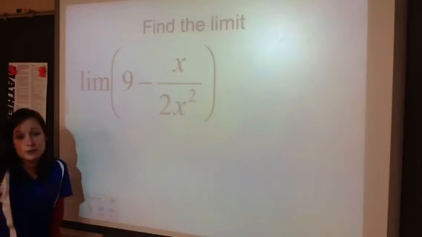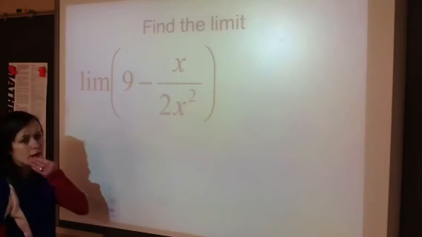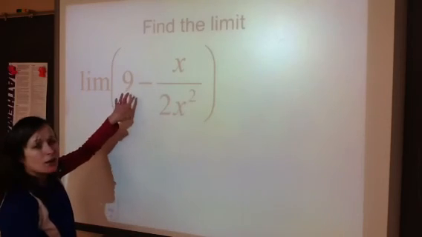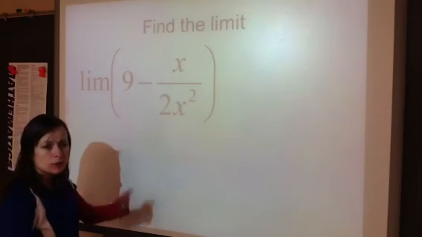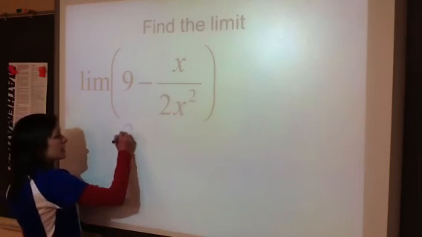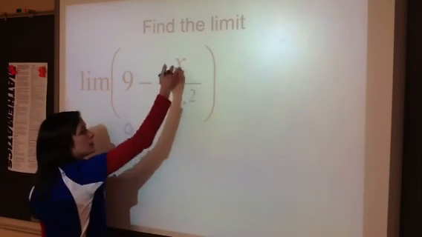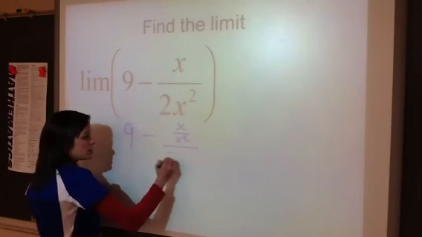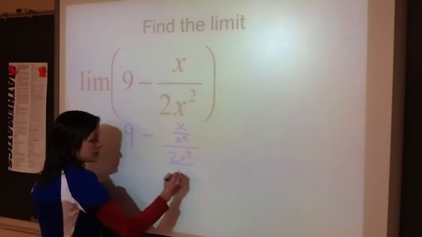See if you can do this one. This one's a little different. We have this right here that isn't underneath here. You can still do it. So we keep the 9 the same. Over here we're going to divide by x squared. So x over x squared and 2x squared over x squared.